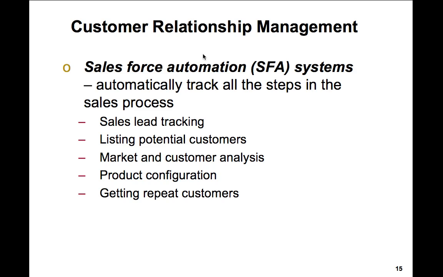So sales lead tracking, figuring out where you should be sending your information, listing potential customers, market and customer analysis, product configuration, and getting repeat customers. Usually if you give them something they like, you can sell them another one in a different color. This is what Apple did. When you buy an iPod, most people don't own just one iPod. They have like 3 or 4 of them.